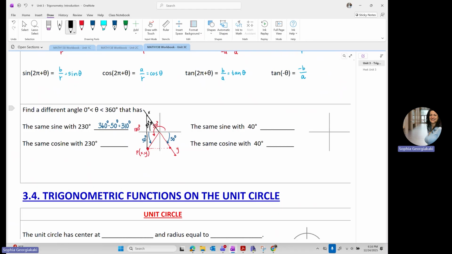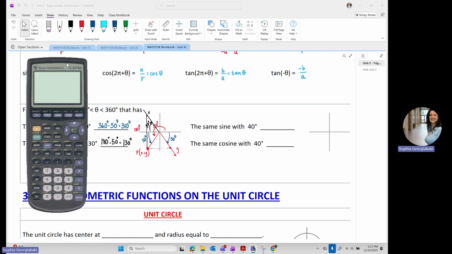Therefore, the angle I'm looking for that has the same cosine needs to have the same reference angle and the same x. It has to be in quadrant 2. 180 degrees minus 50 degrees, the answer will be 130 degrees. So 310 degrees has the same sine as 230, and 130 degrees has the same cosine as 230.